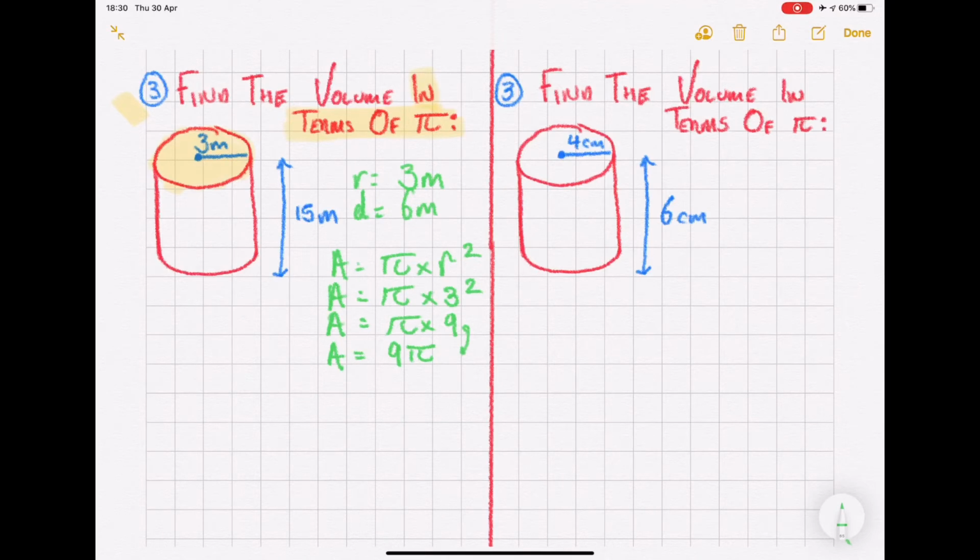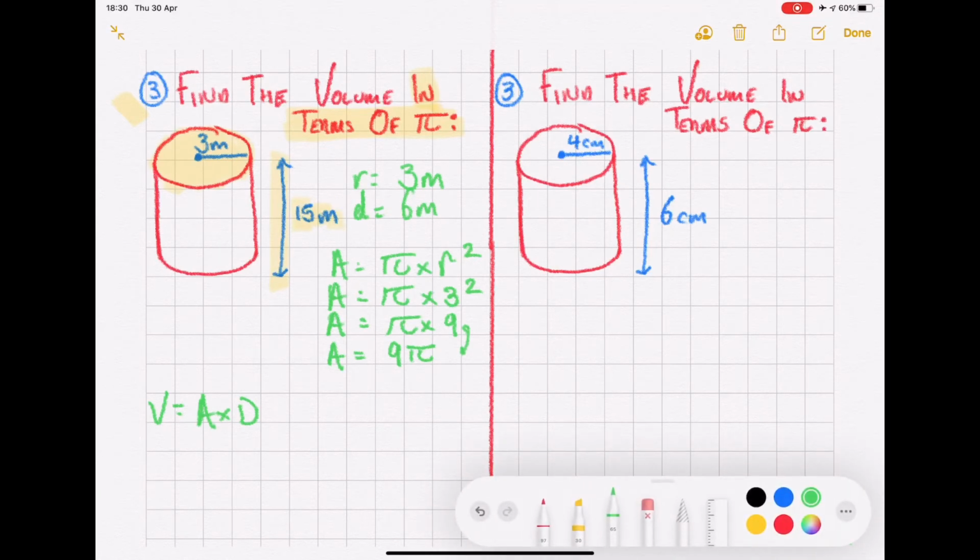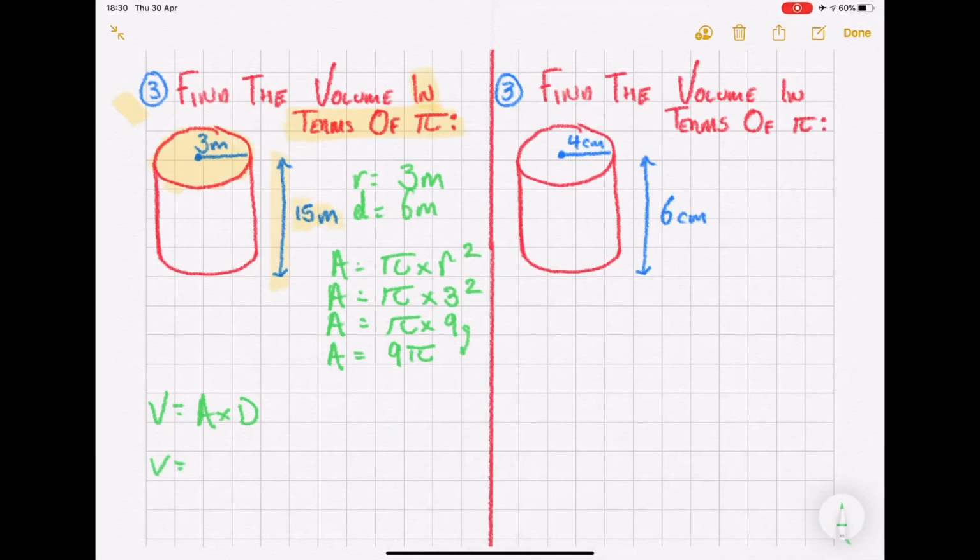Now, if we want to find out our volume, it is our area times by our depth. What's our depth? Our depth is 15 metres. So let's take that. Our volume equals 9 pi, because that's our area from over here, times by 15.